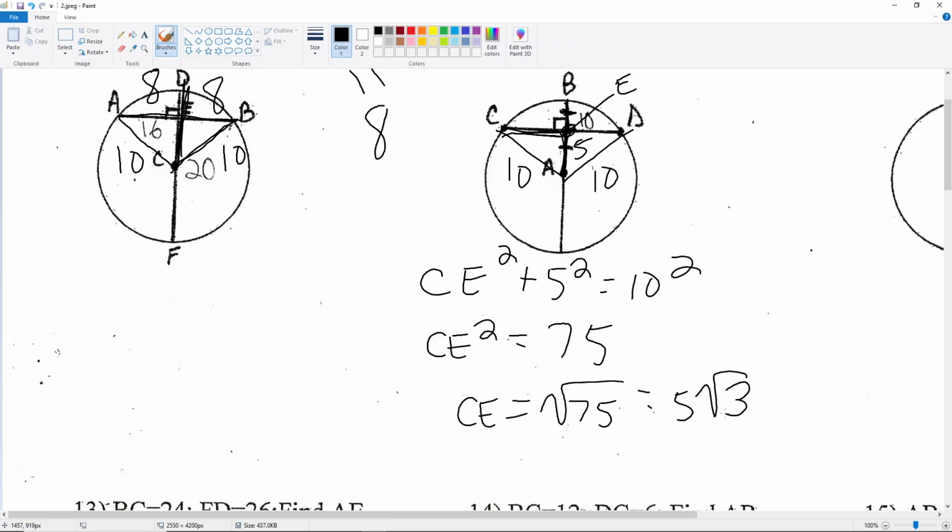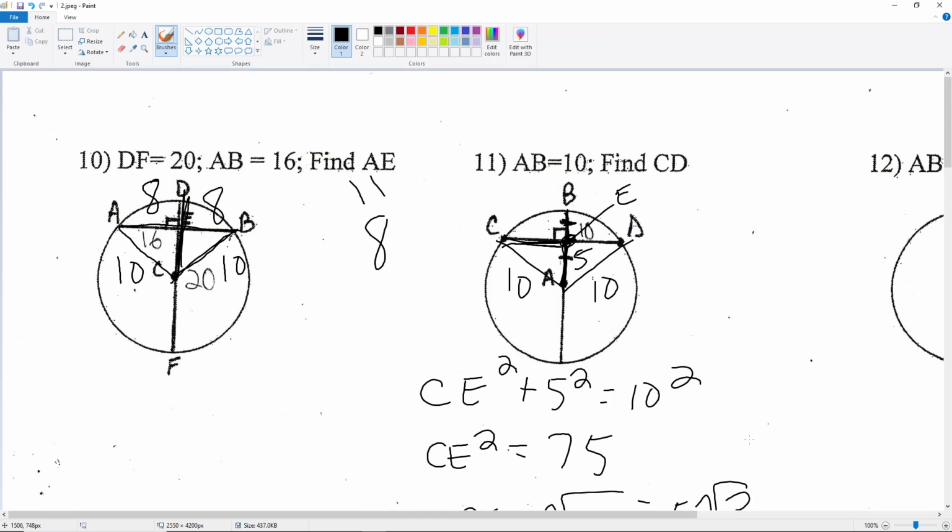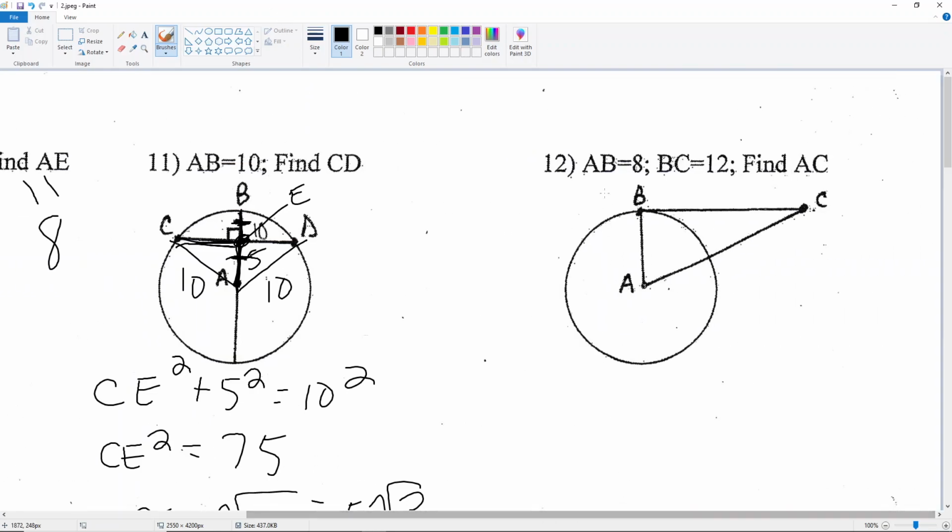And then CD equals 2 times 5 square root of 3, which equals 10 square root of 3. Now again, that's only if these two segments are an equal length, and I don't know if you wrote that in or it already had that. If you wrote it in, send me an email and I'll have to look for a different way to solve this.